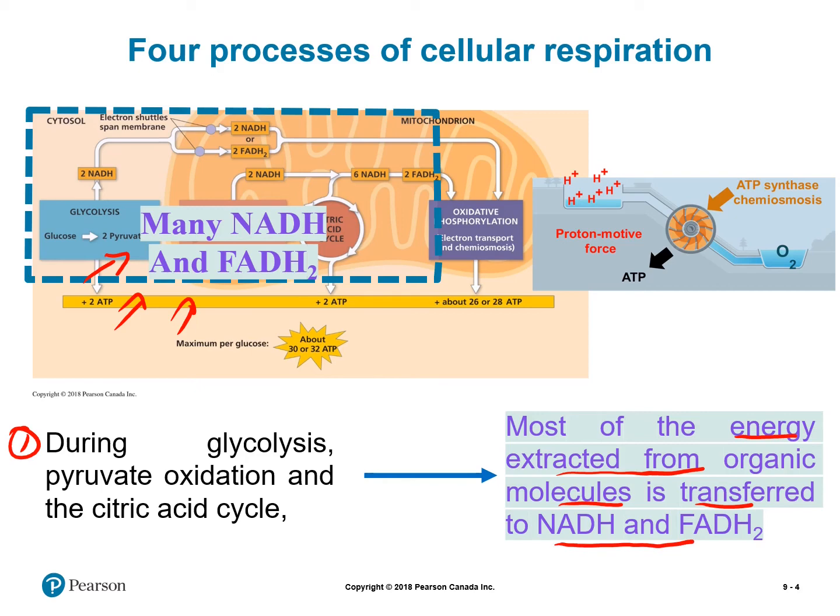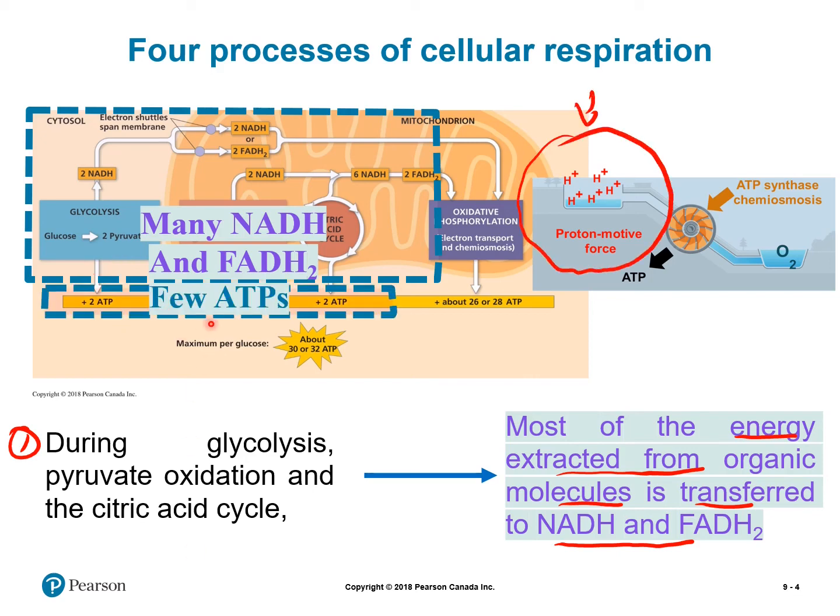These are the ones in charge of creating the gradient here. At the same time, they create very little ATP, because the main function is to create this gradient that will later allow chemiosmosis, which is what is going to produce most of the ATP.